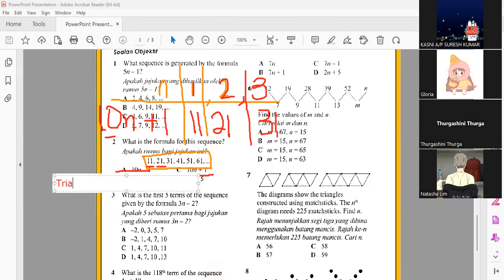Again, what method did we use? This is called trial and error. It is a method in maths. You try out and see. Wrong, wrong, wrong.